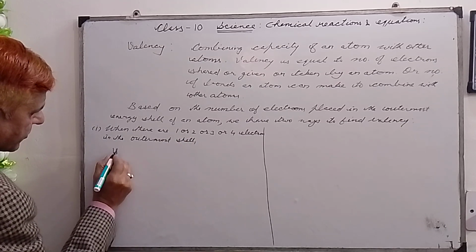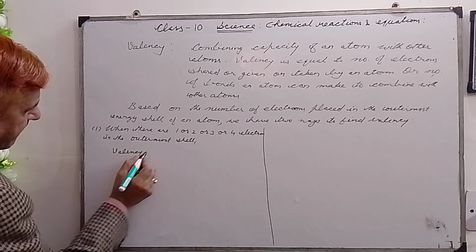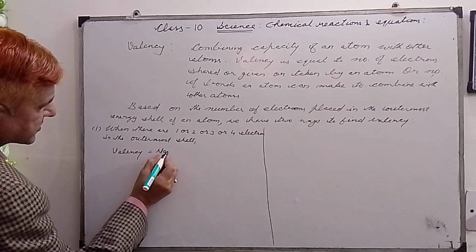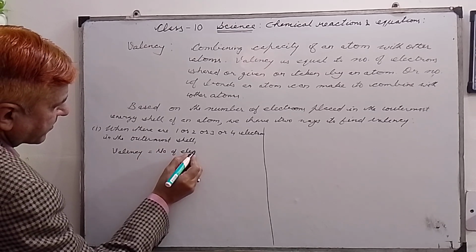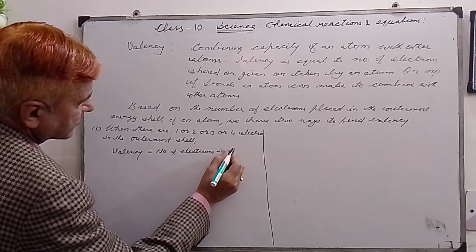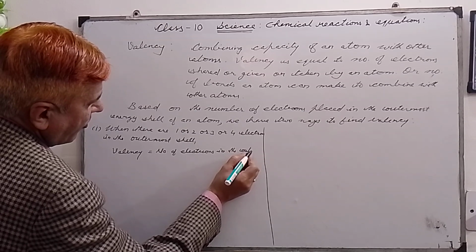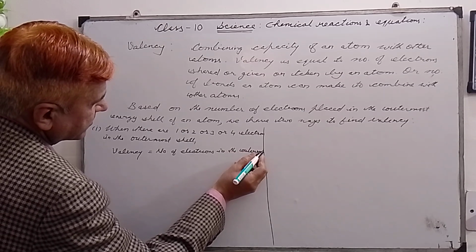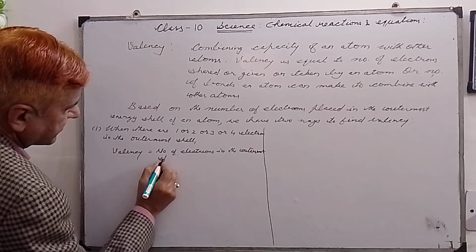Then valency is equal to the number of electrons in the outermost shell.